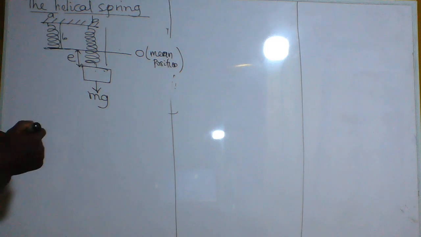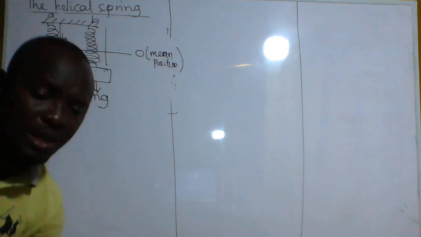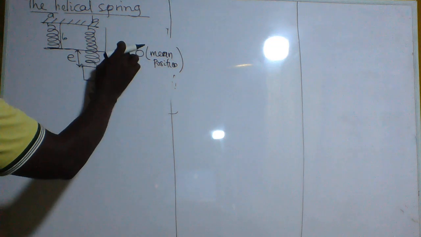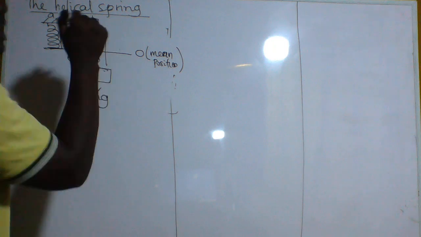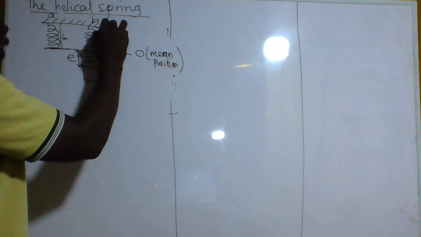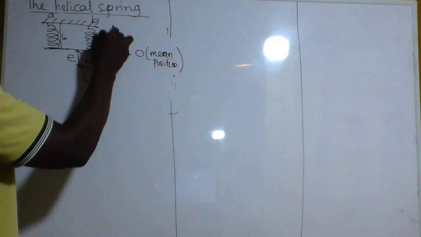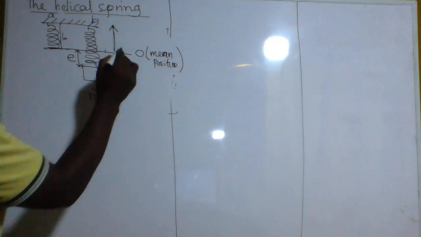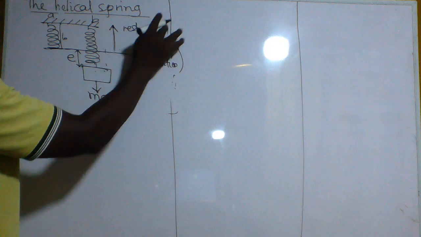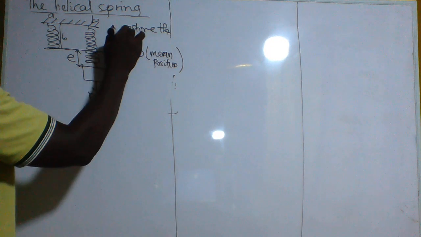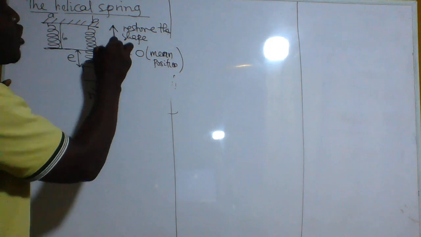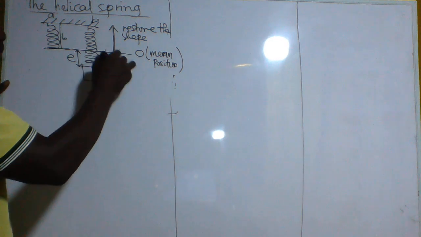Now the moment weight mg is attached to the spring, we have the extension, and when the weight extends the spring, the spring always has that tendency to apply a spring force against the direction of the displacement in order to restore the shape of the spring to its original shape.